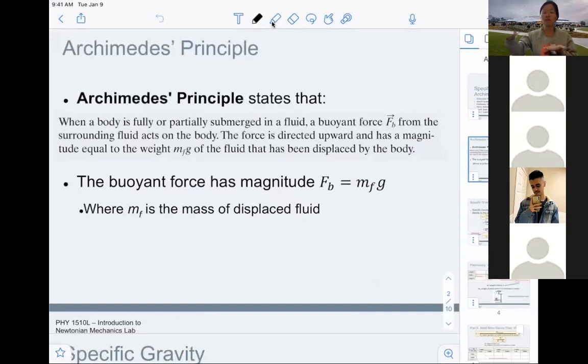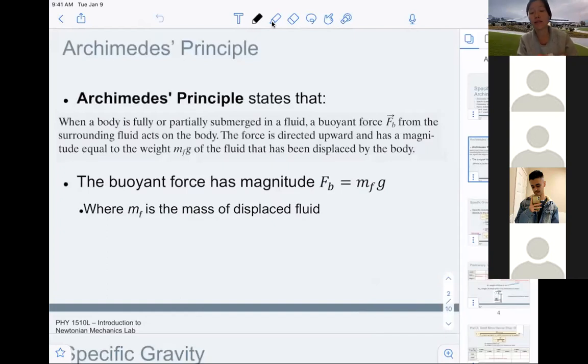Now, if you have a full tub, the water will spill over. So in whichever case, water has been displaced. We call it displaced, meaning that this volume, which was occupied by water, is now being displaced so that the other object could come into the water to replace that space.